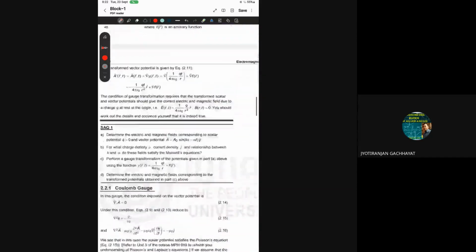Del dot A plus mu 0 epsilon 0 del phi by del t is equal to 0. That is the condition. We impose this condition here, that this is equal to 0.